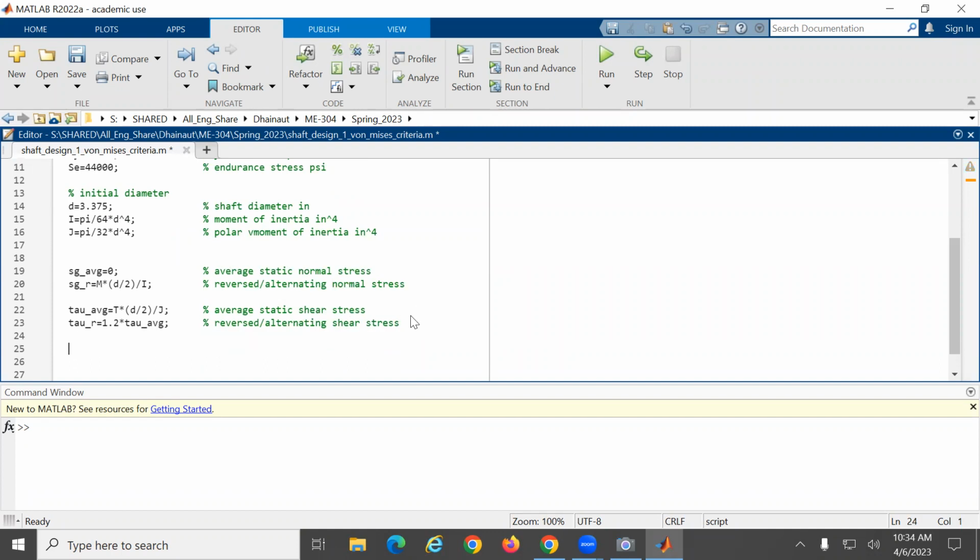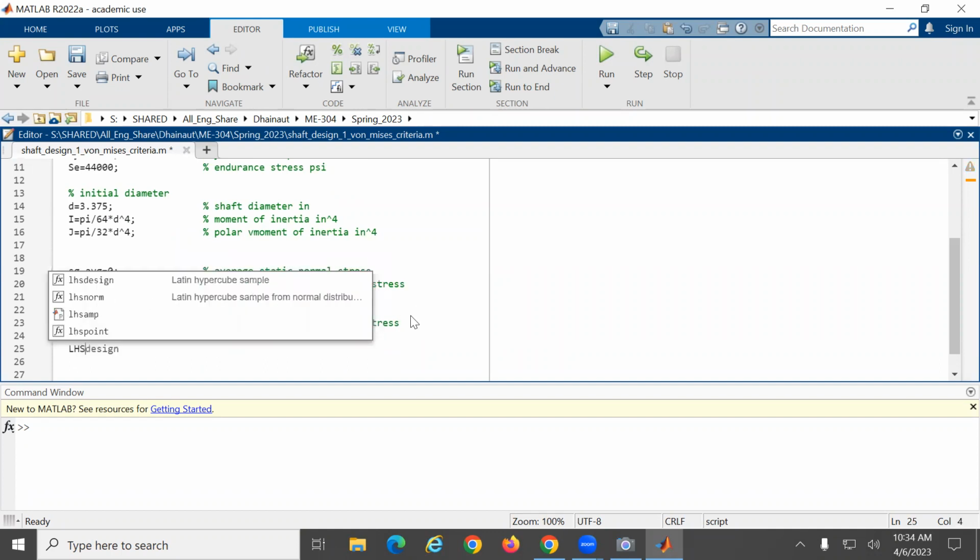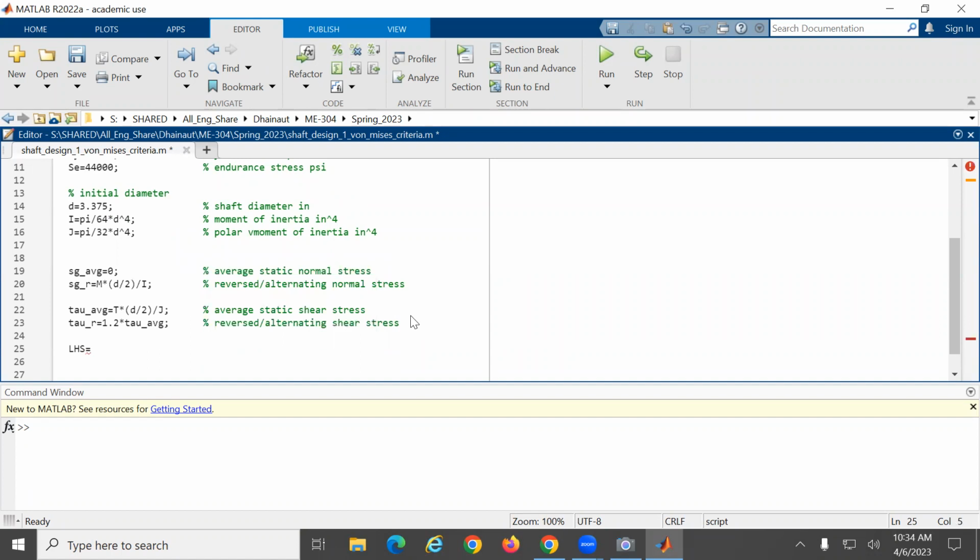And now maybe help me over here. I'm going to write this as left hand side and right hand side. So left hand side is, what is it? SG average plus KT, no?